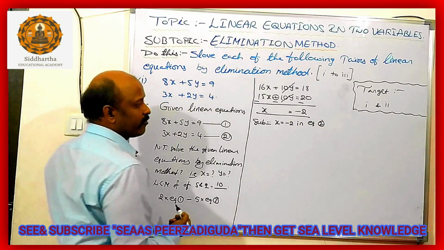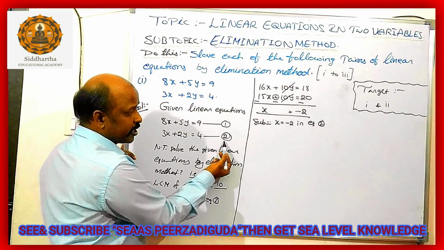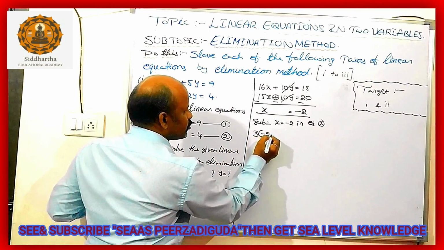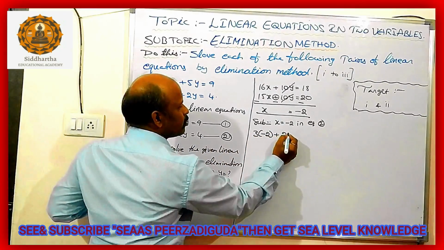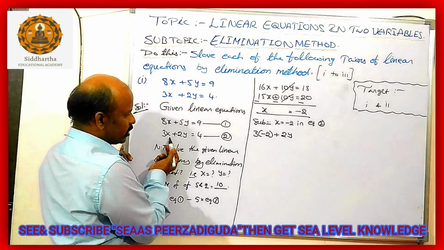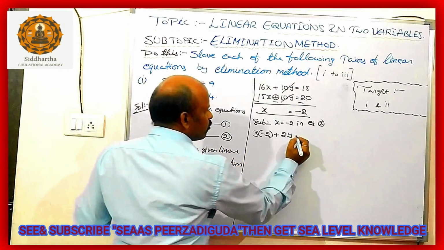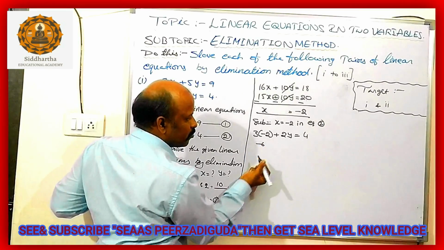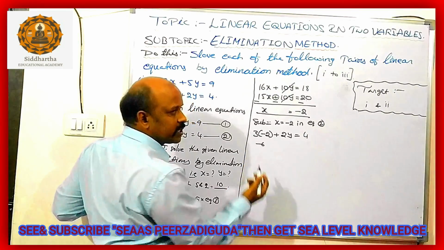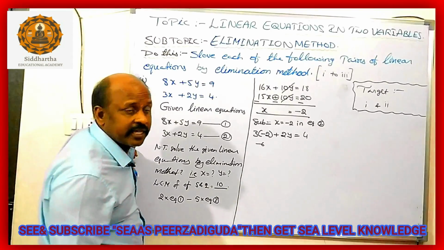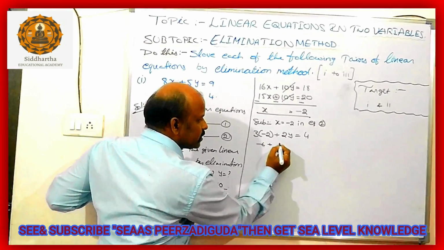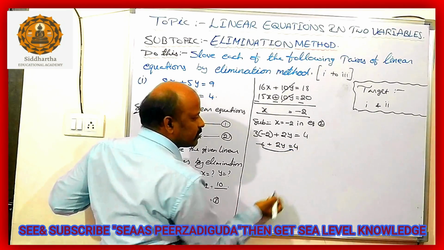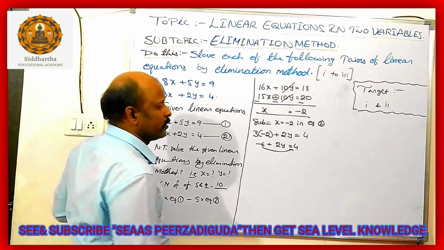So 3 into minus 2 plus 2 into y is equal to 4. 3 twos are 6, minus 6. The product of one positive integer and one negative integer gives a negative integer. So minus 6 plus 2y is equal to 4. Minus 6 I am sending this side, or add 6 on both sides. Whatever you do, no problem at all.